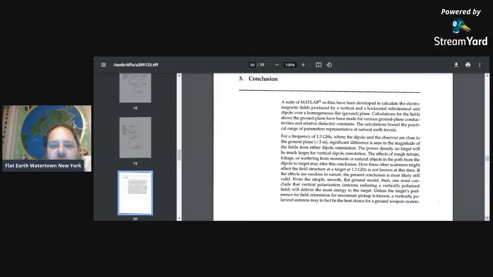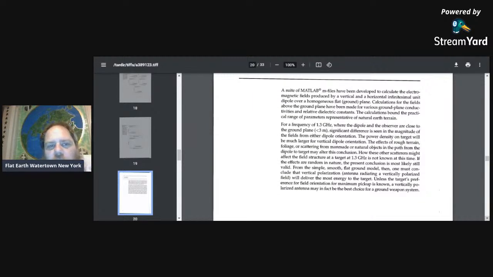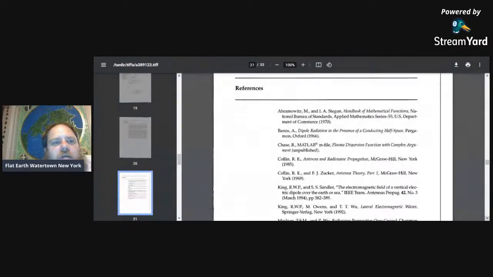Calculations for the fields above the ground plane have been made for various ground plane conductivities and relative dielectric constants, and the calculations bound a particular range of parameters representative of natural Earth terrain. Oh, so these calculations are representative of natural Earth terrain, which is the flat ground plane. Huh. Well, would you look at that?